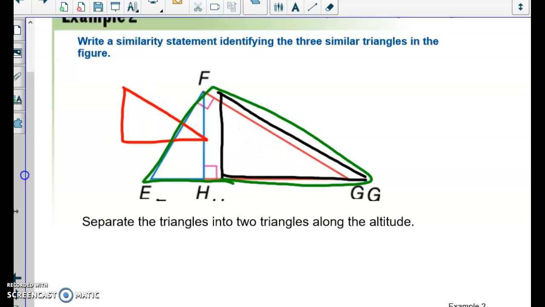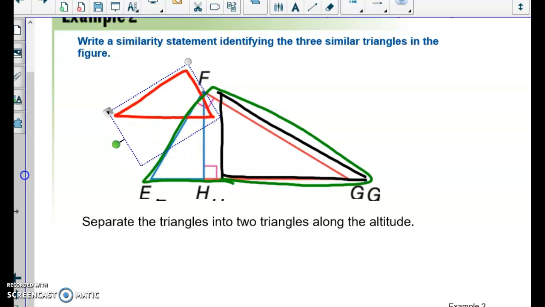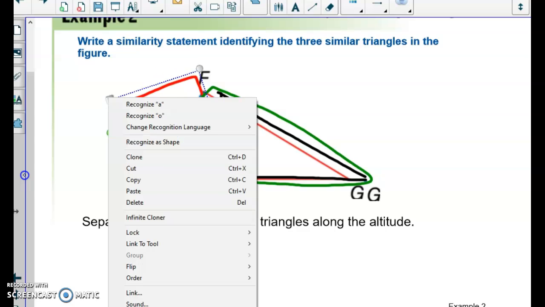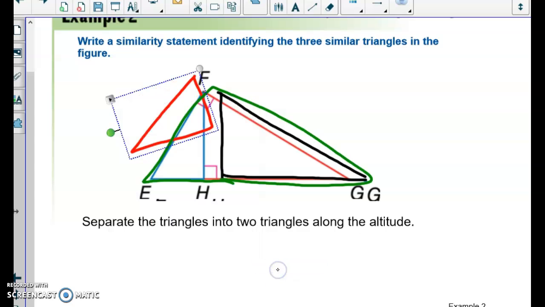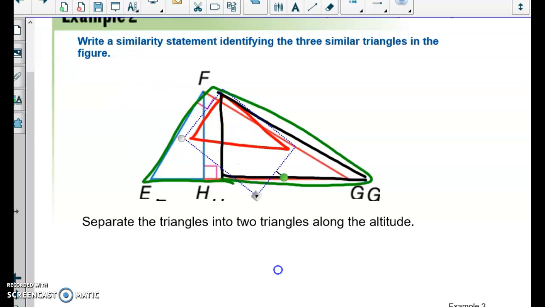Then if I take it again and rotate it and flip it, that's going to be it. Let's see if I can do this. Sometimes I can, sometimes I can't with these rotations. But with this, I get the same as the green one, similar to that one.